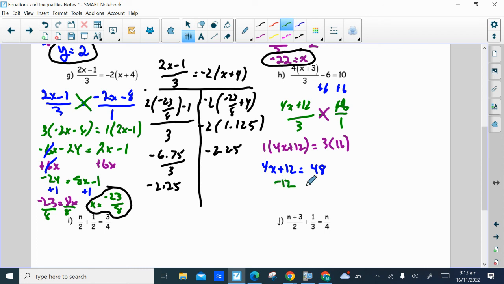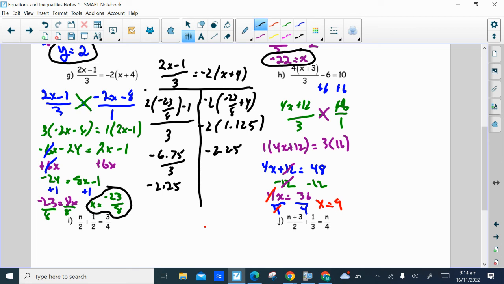And now we can subtract the 12 from both sides. They'll cancel on the left, and you'll have 4x equaling 36. Divide both sides by 4, and x equals 9. 36 divided by 4 is 9.